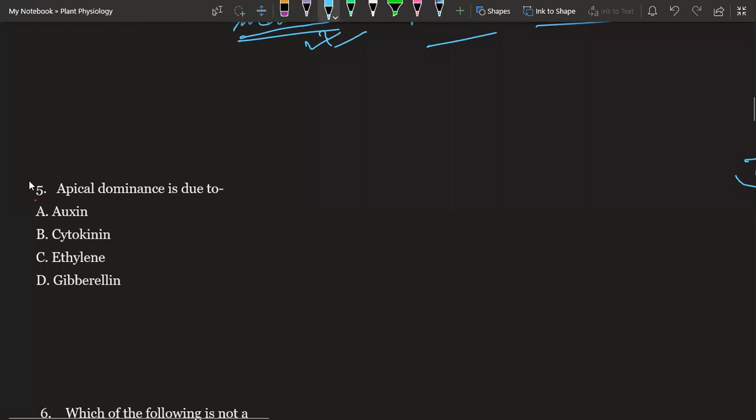Next is another question: the apical dominance is due to. First, we have to understand what apical dominance is. Dominance is apical, that is, the dominance of the top part.